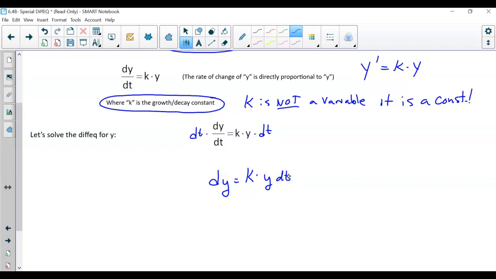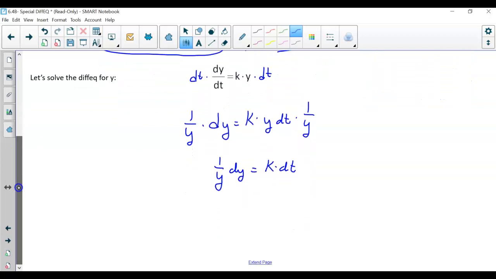And then you're going to multiply both sides by 1 over y to separate those variables. And I get 1 over y dy equals k times dt. And remember, k is a constant. Okay, it's hard to think, but k is a constant.